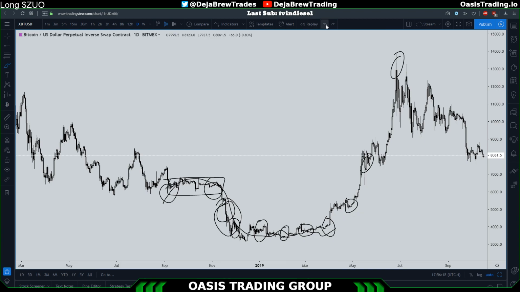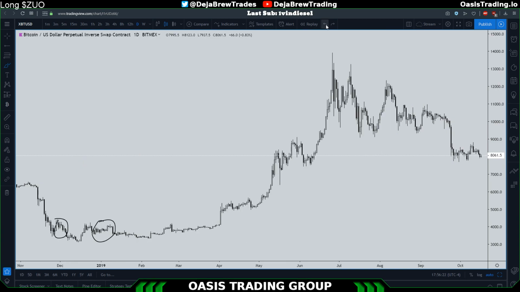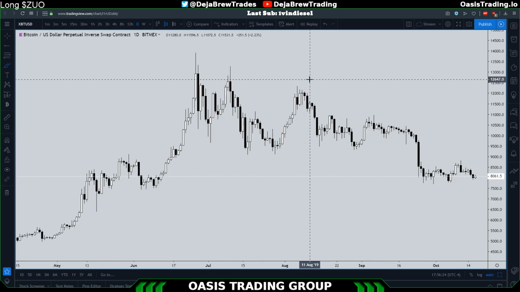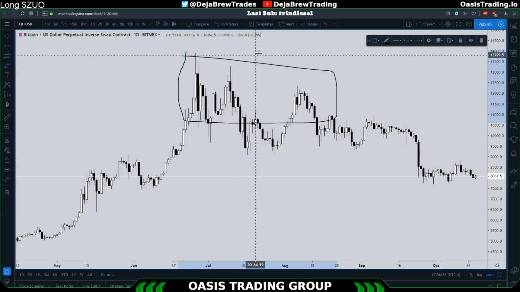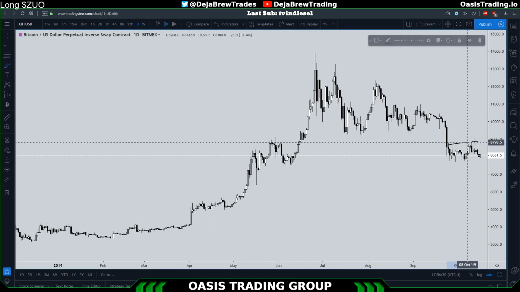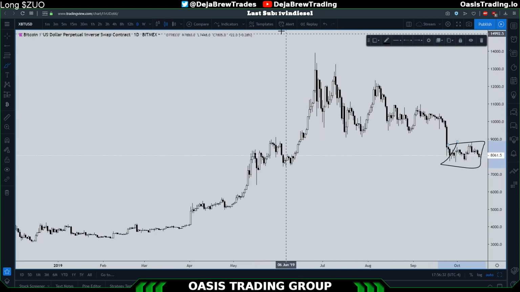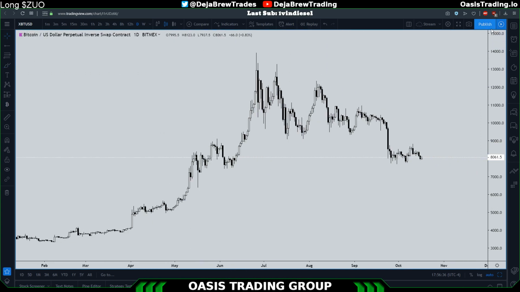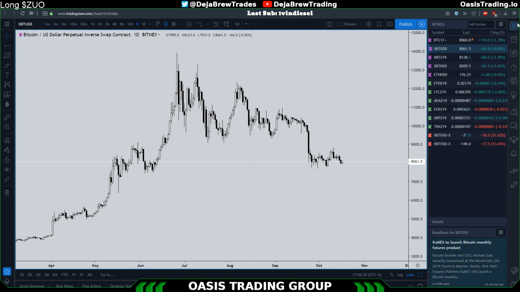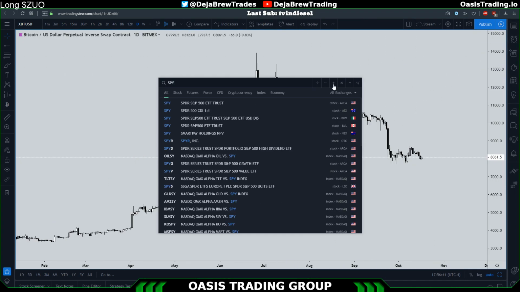Now, historically, looking at Bitcoin, dollar cost averaging is a very good strategy, as long as you're not dollar cost averaging during massive bull runs, and you're dollar cost averaging during accumulation. It's like looking at the S&P 500, the SPY.